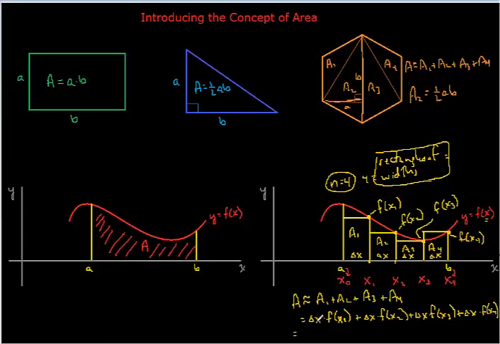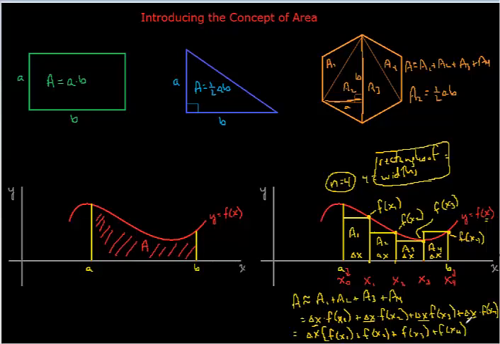So we can factor out a delta x. There's a delta x in each of these factors. So I can factor out a delta x, and then multiply times f of x1 plus f of x2 plus f of x3 plus f of x4.